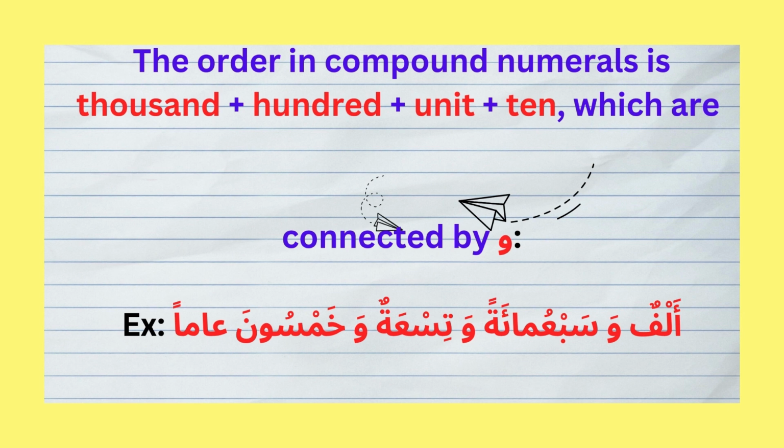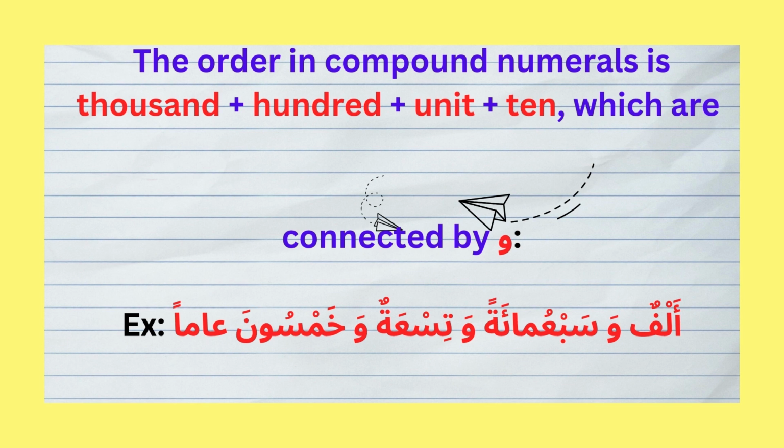So the order in compound numerals is that you start with the million plus 1000 plus 100 plus the ones plus the tens. Remember to always put the ones before the tens. So you start with the biggest numbers till we get to the ones. The ones are put before the tens.